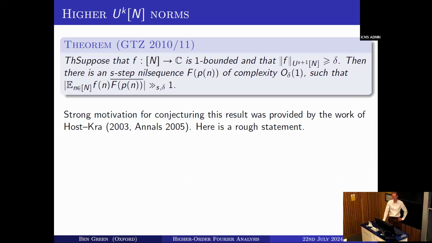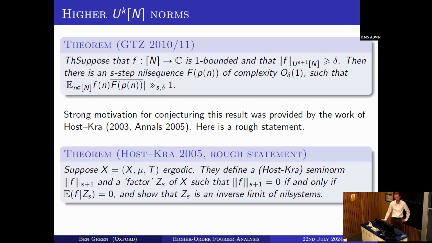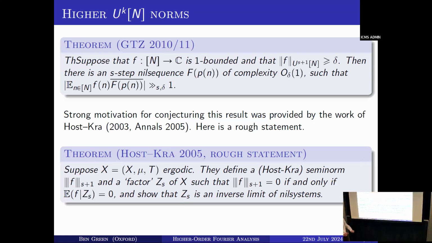And I just want to show you, as I've said, the motivation for this really came from the ergodic community. I'm not going to define the terms appearing here, but just so you can see how closely analogous this is, Host and Kra's main theorem, essentially. So they define this semi-norm, and it's obviously the same sort of thing as the Gowers U^{s+1} norm. It involves some parallelepipeds.